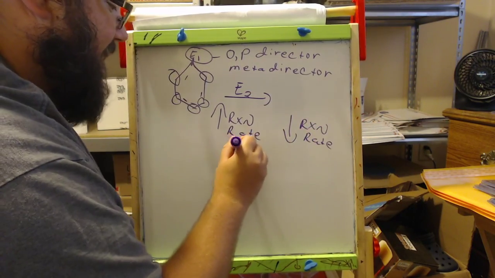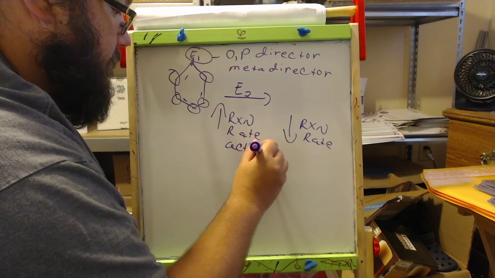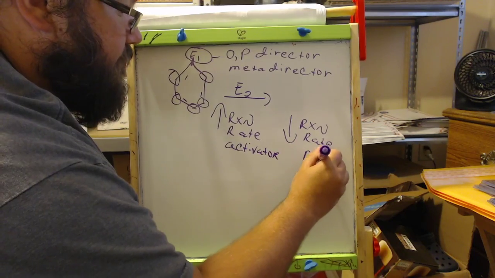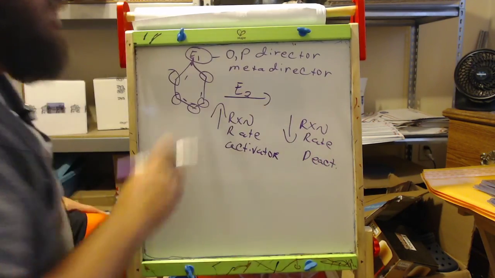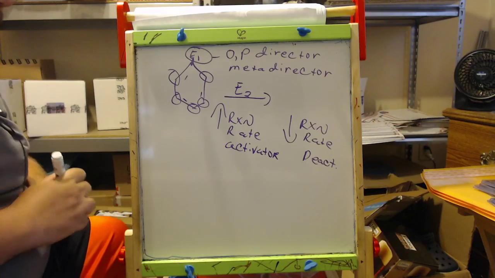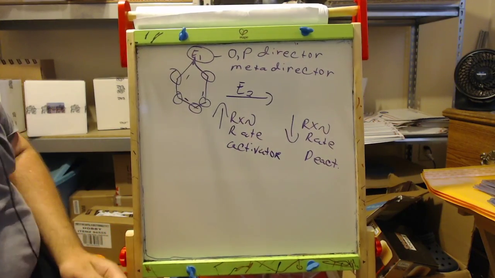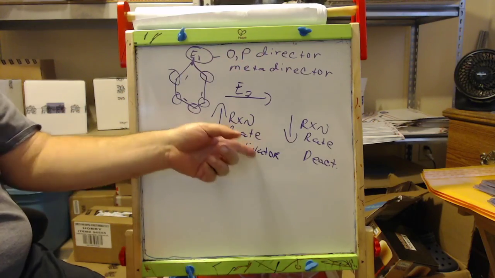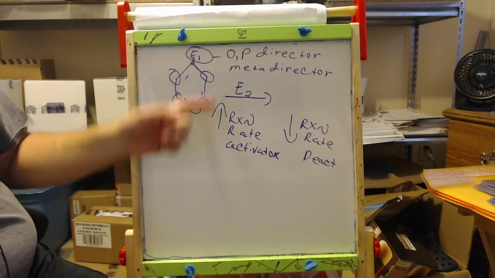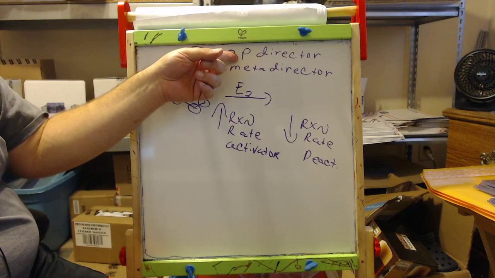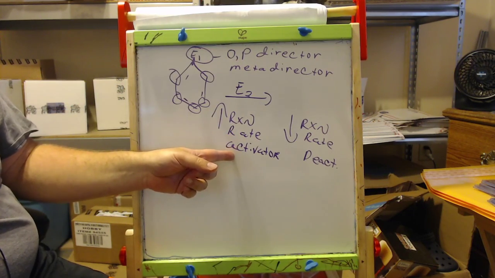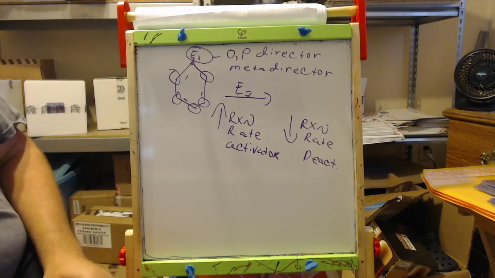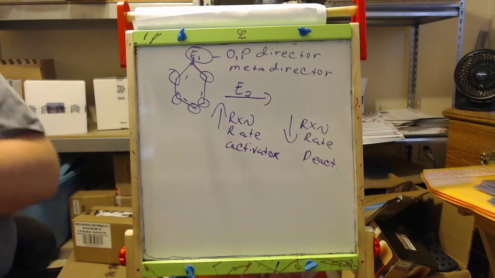Faster will be known as an activator. Slower will be known as a deactivator. Again, it doesn't mean that it won't react. It just means it reacts slower than benzene itself. So you're either going to be an ortho para director or a meta director, and either an activator or deactivator. What you'll see is that there are ortho para activators, ortho para deactivators, and meta deactivators. There are no meta activators.